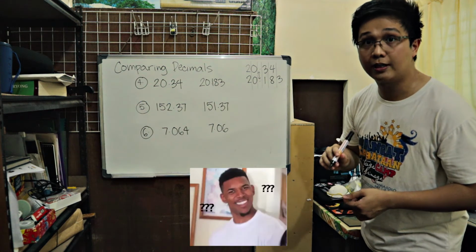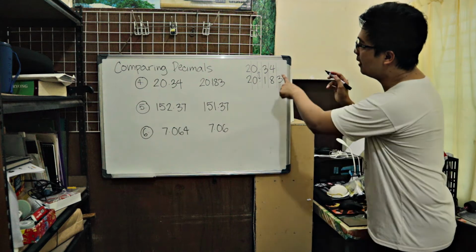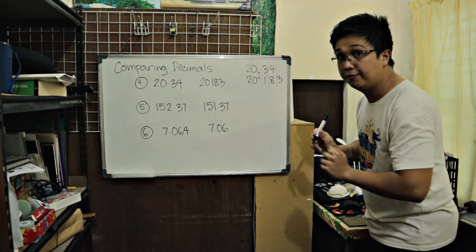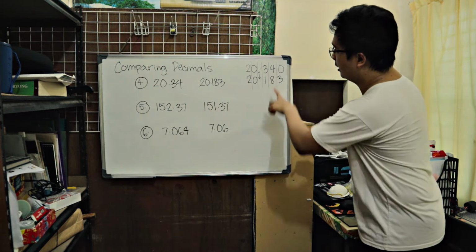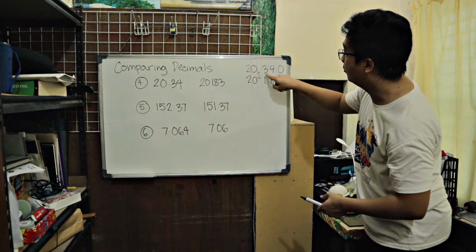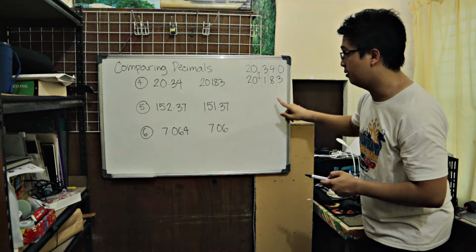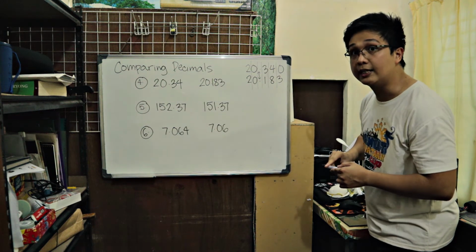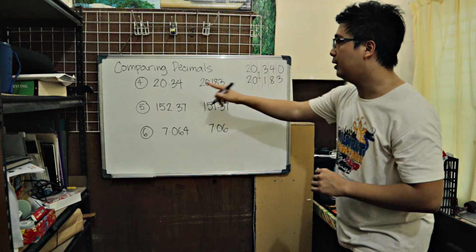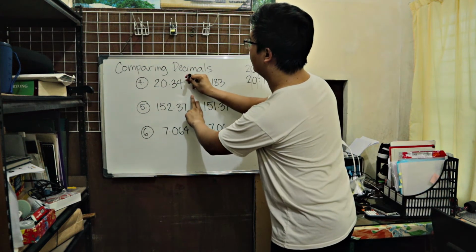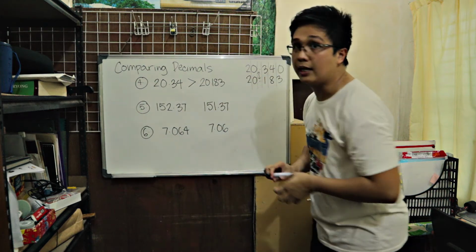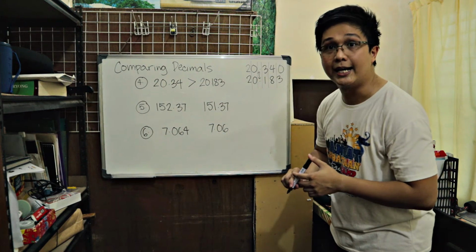If gaka-confuse ka, para masapol, may blanko, you have to fill it in with a 0. So meaning, lantawon mo pa lang daan, 340 is greater than 183 in the decimal part. So meaning 20 and 34 hundredths is greater than 20 and 183 thousandths.